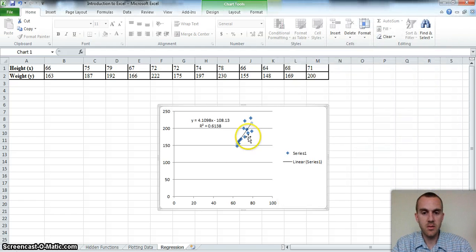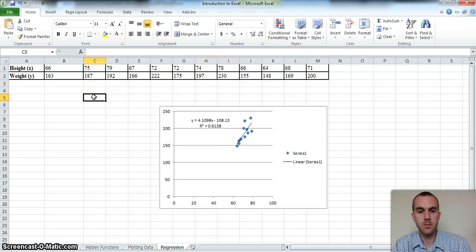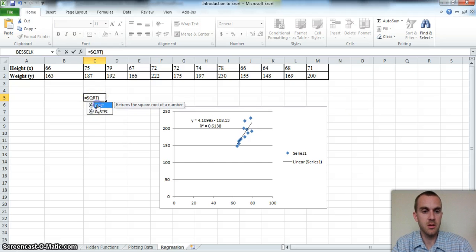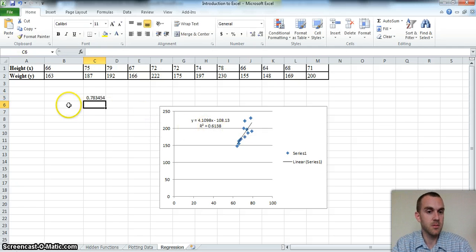So if I leave it as a line, again, r-squared is not the value that represents the correlation. And we only talk about correlation if we're looking at linear relationships. What I want to do is take the square root. So equals SQRT, and it's 0.6138. And this is an approximation because this value is an approximation.